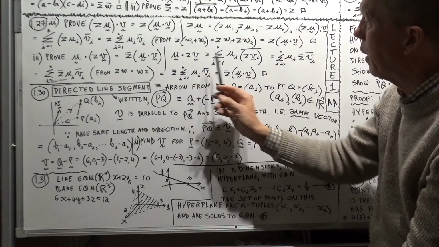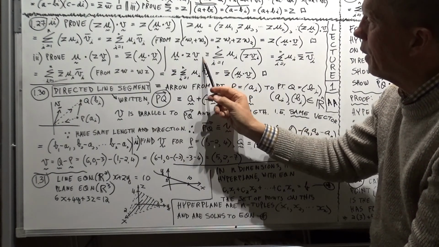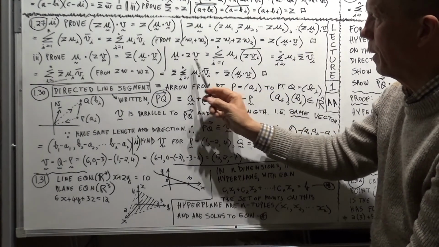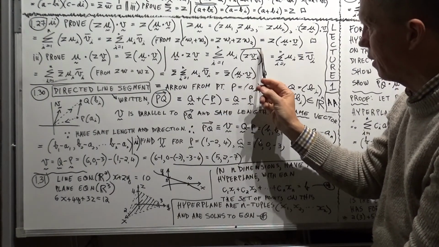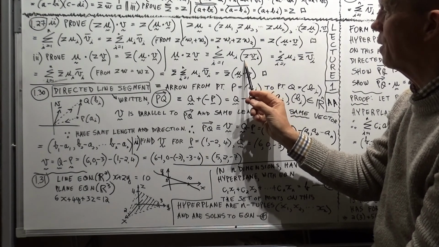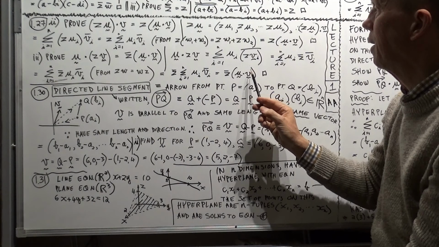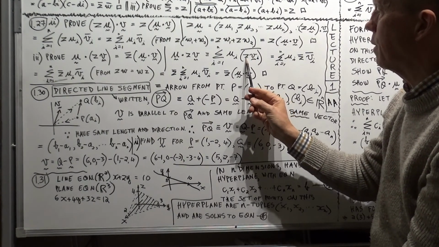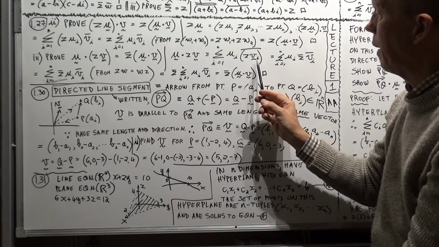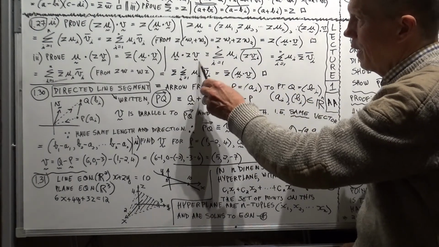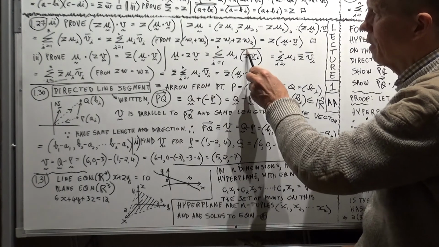So the ith component of that will just be ui, and the ith component of this. And now these are complex numbers, so you've got to conjugate that ith component. Now z is just a constant complex number, so it doesn't change. It's the same for each component, and you've got vi here. But this is your second vector, so you've got to conjugate the ith component.